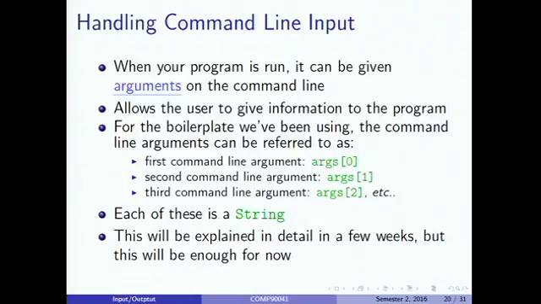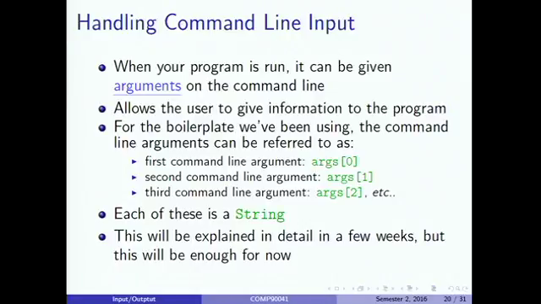So each of the command line inputs is a string. It's coming from the operating system, and the operating system doesn't know which things are numbers, which things are anything. So everything is just a string. The first command line input is args of 0. The second is args of 1. The third is args of 2, and so on.